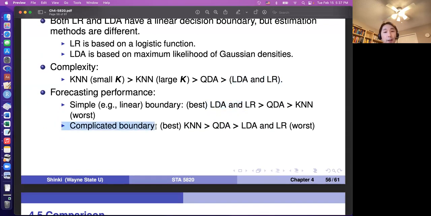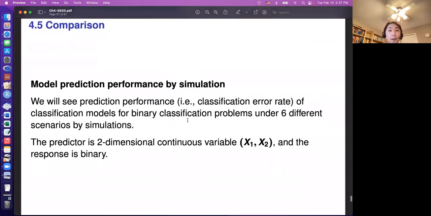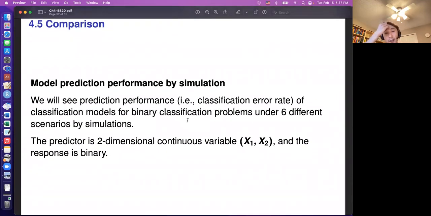But if the boundary is complicated, LDA, QDA or logistic regression cannot formulate the boundary, so KNN should be the best. So, several examples of model prediction performance by simulation.